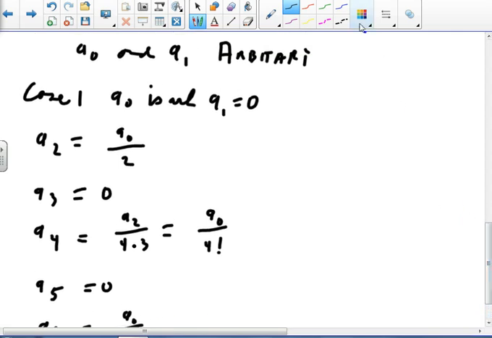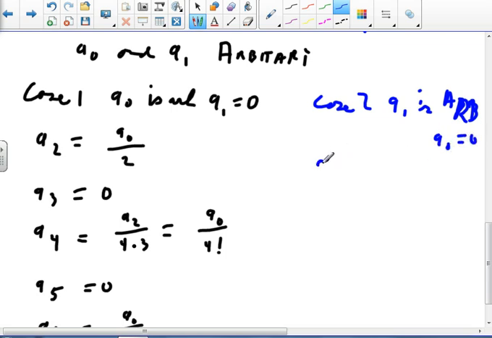Then we're going to look at our second case, case 2. a1 is arbitrary, if I could spell arbitrary, and a0 is going to be 0.